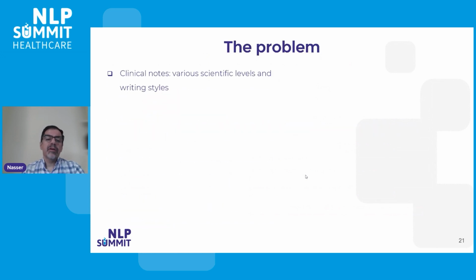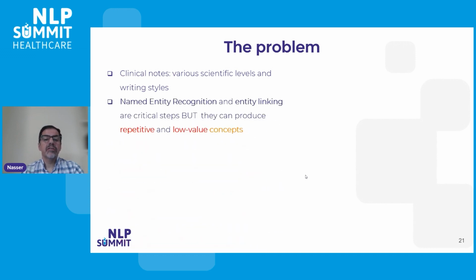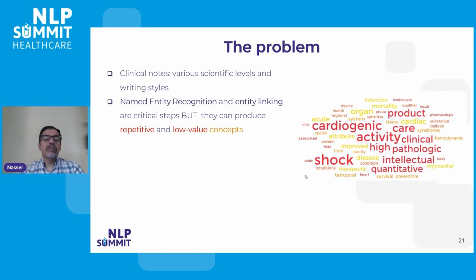The problem was that clinical notes were written by people with various scientific levels and different writing styles. There are methods that help us overcome this challenge, including named entity recognition and entity linking, but the result is a very large number of concepts. Many of them are repetitive and low-value concepts.